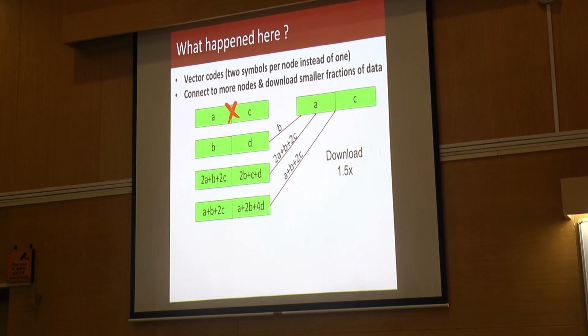So mainly, what are the key aspects that helped in reducing the reconstruction bandwidth? One is that we went from scalar codes to vector codes, in the sense that instead of looking at each node as a single symbol, we started looking at it as a vector, right? So we needed two symbols, so we expanded horizontally.